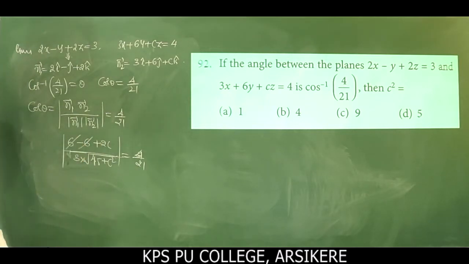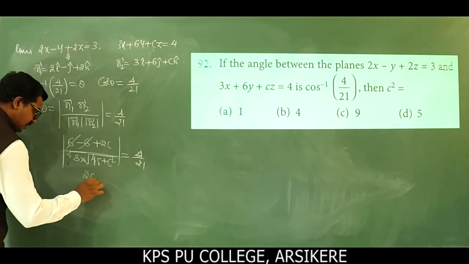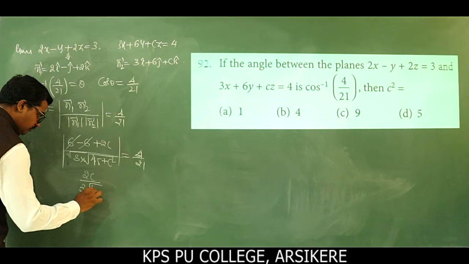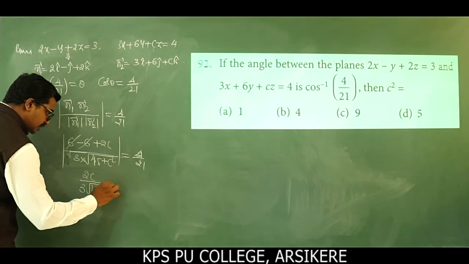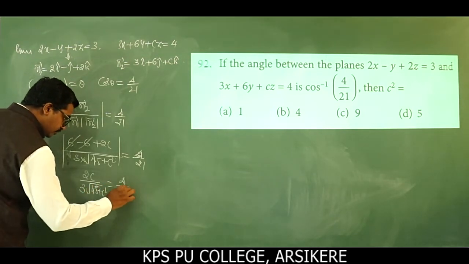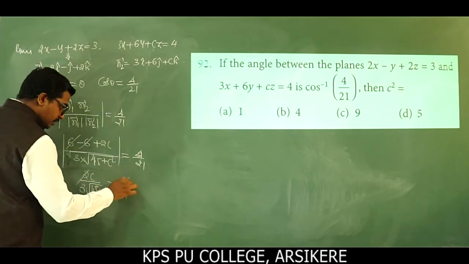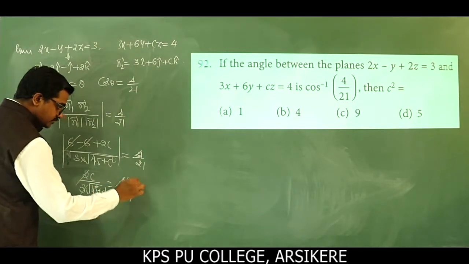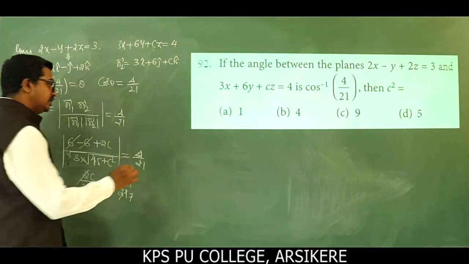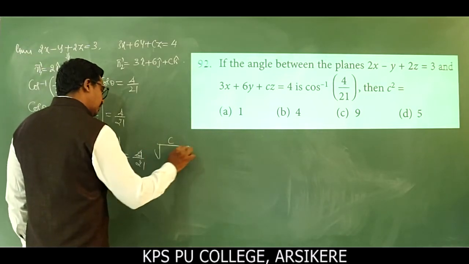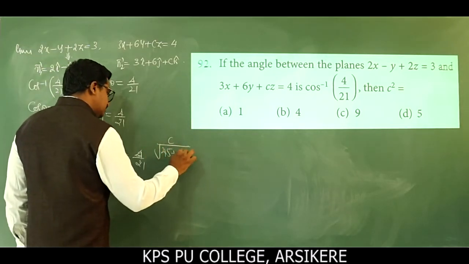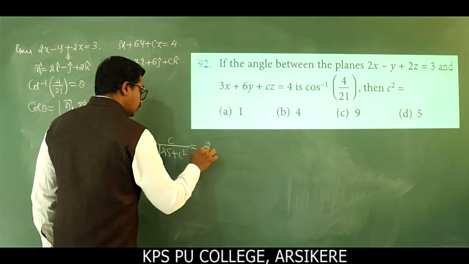The 6 and -6 cancel, so we have 2c divided by 3 into root of 45 plus c square equals 4 divided by 21. 2 ones are 2 get cancelled, and 3 sevens are 21 get cancelled. We will have c divided by root of 45 plus c square is equal to 2 by 7.